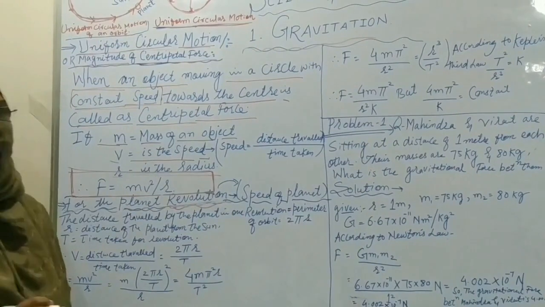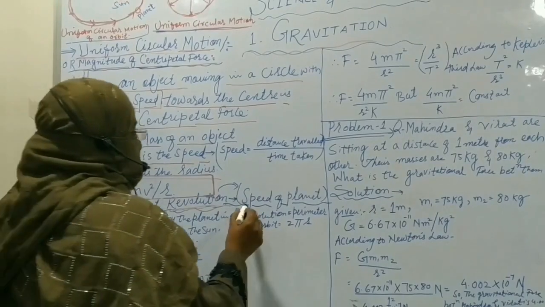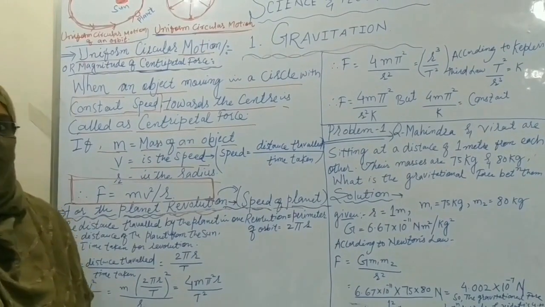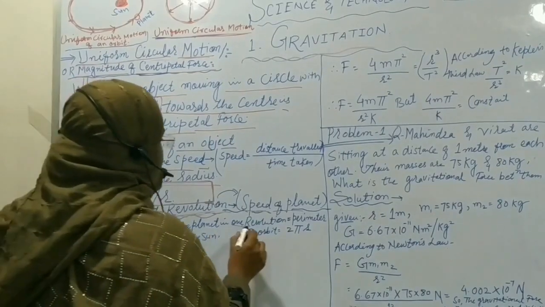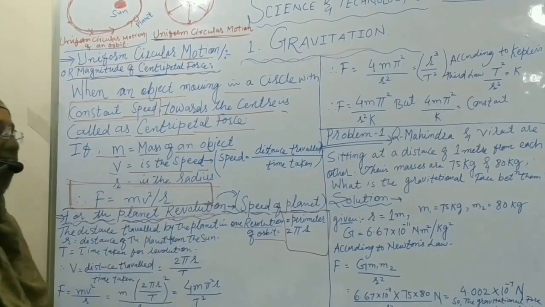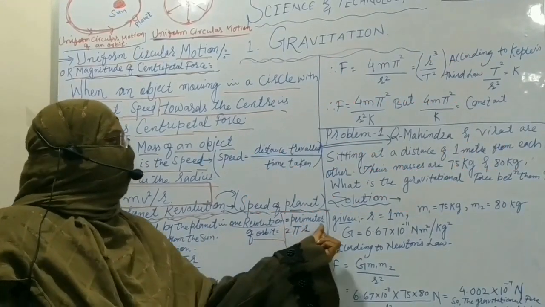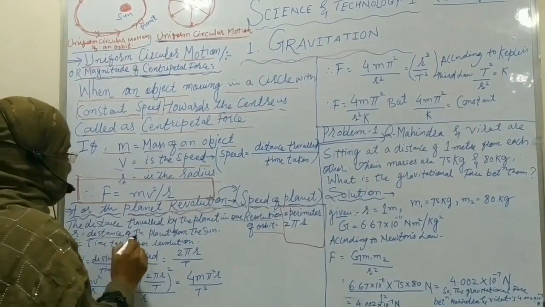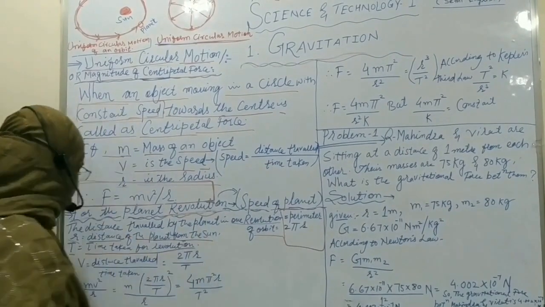For planetary revolution, what is revolution? Revolution is the time taken by a planet to complete one rotation, and the distance traveled by the planet in one revolution of the orbit is the perimeter, 2 pi r. Here r is the distance of the planet from the sun and T is the time taken for the revolution.